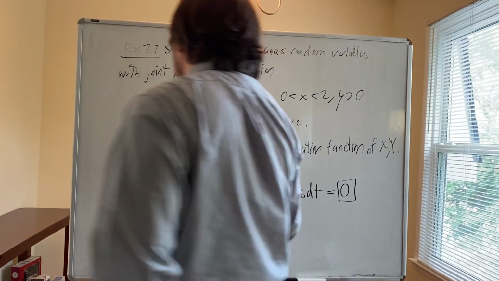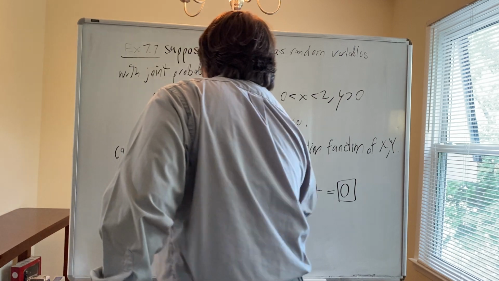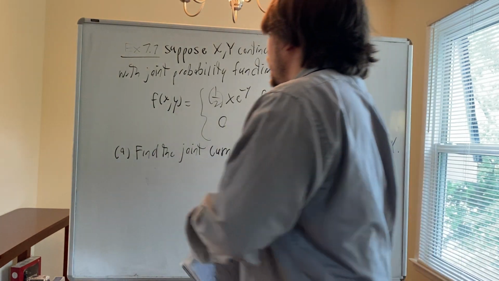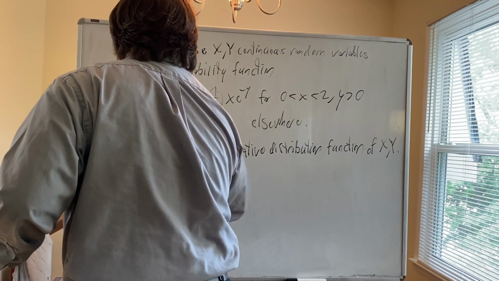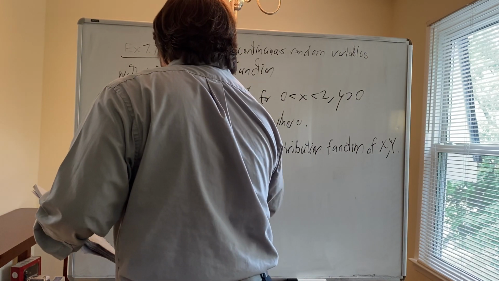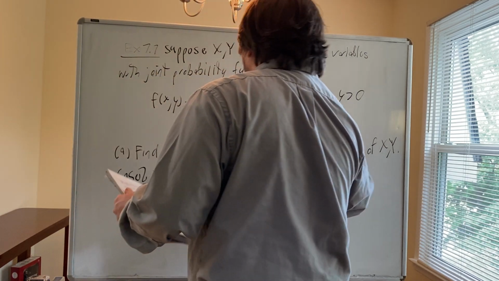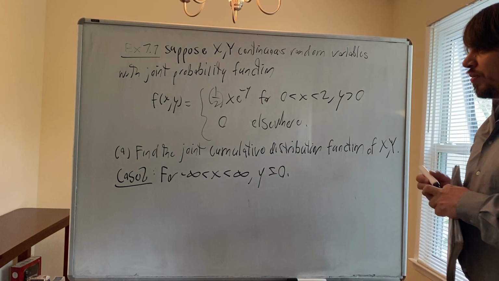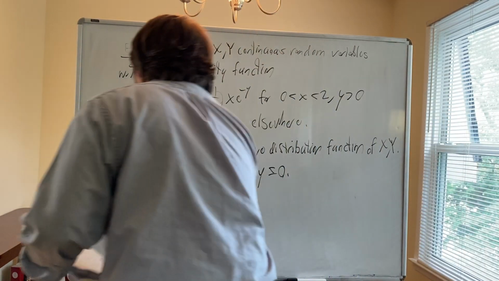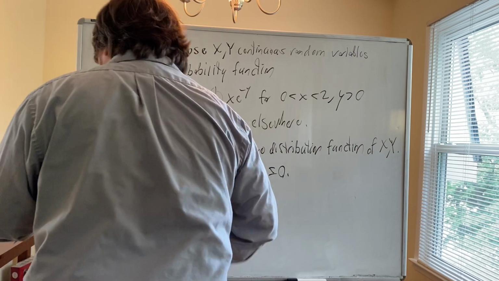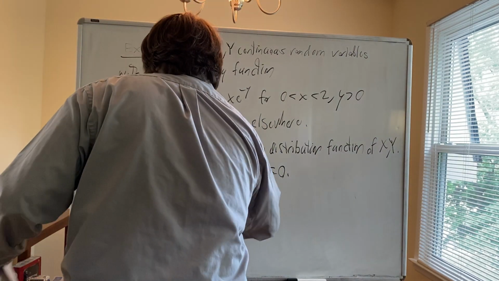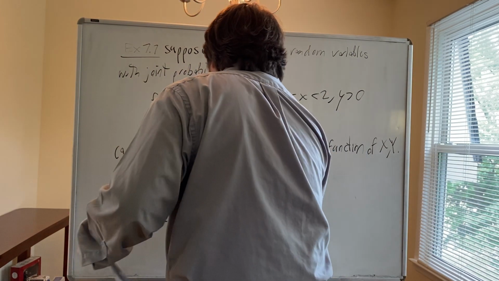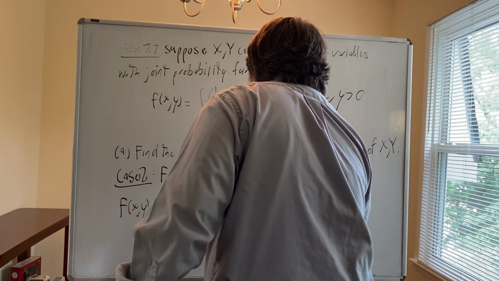Let's continue to case 2. For case 2, we have any real number x and y less than or equal to 0. For those x and y, capital F of x comma y is equal to the integral from negative infinity to y, integral from negative infinity to x, of f of s comma t ds dt.